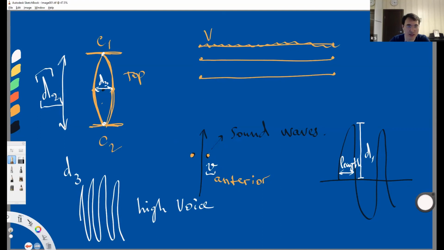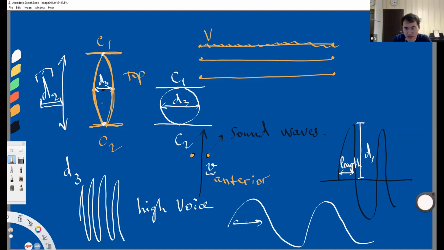And if we instead reduce the D2, so we have cartilage 2 and cartilage 1 like this, our folds will be like this. So we increase the D3. And whenever we increase D3, our sound wave will look like this.